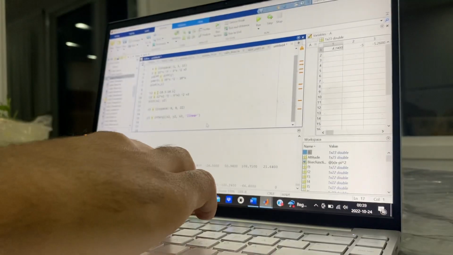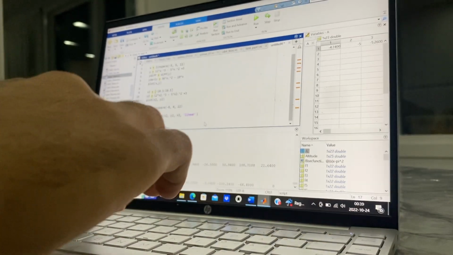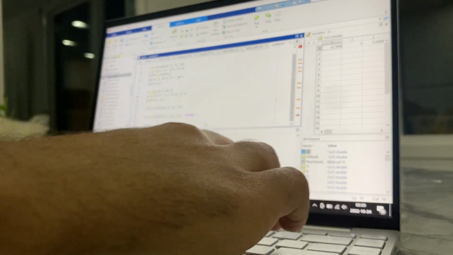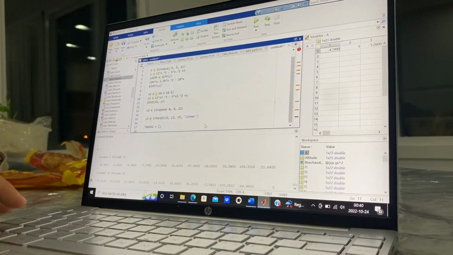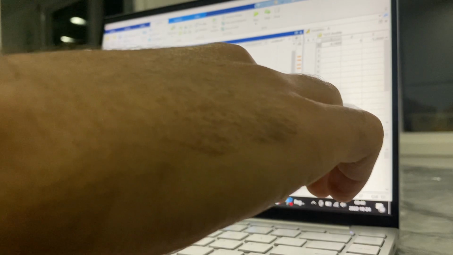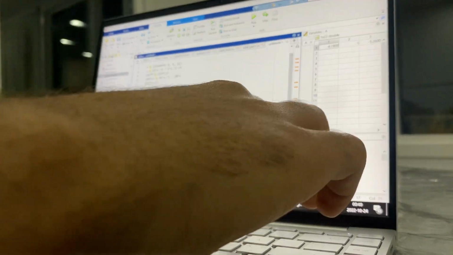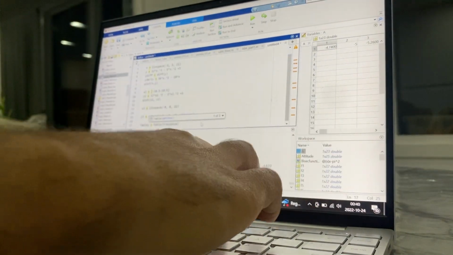So I'm going to call it, sorry, table 1 equals table, transpose. So I'm going to transpose here the x2.